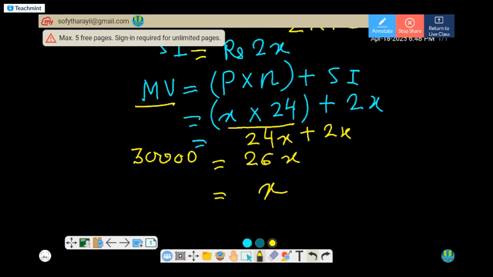I got 1153.84. Okay. Now this is almost a number which is to be taken in multiple of 5. That's a very conditional thing they've given. So this is coming out to be in decimal. So what we can do is round it off simply, which is the closest number that will become multiple of 5.